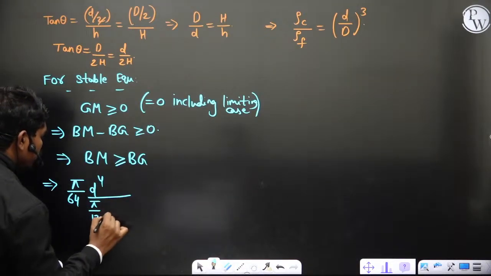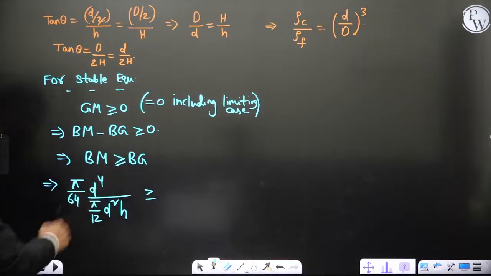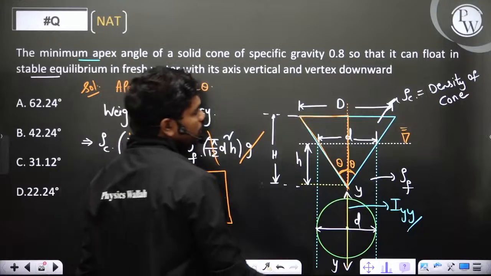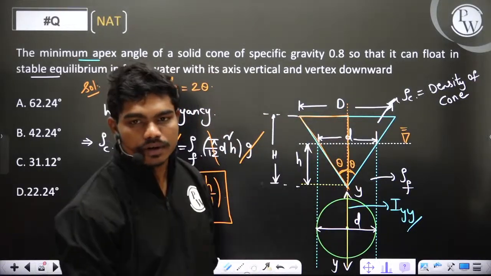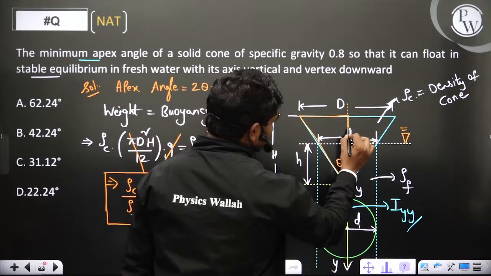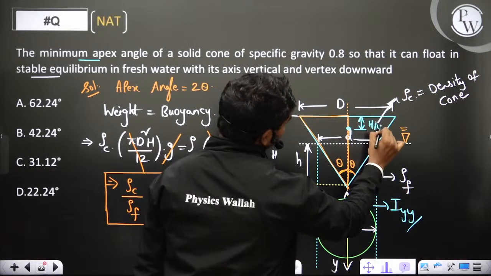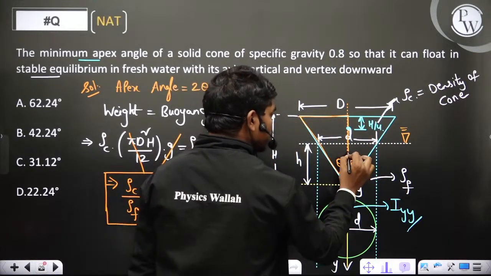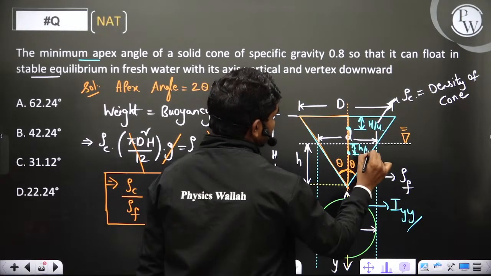So pi d power 4 by 64 over pi by 12 d square h should be greater than or equal to BG. Now what about BG actually? Look, normally if you have a cone, does anyone know the depth of the centroid of the cone? If this is total H, this value is actually H by 4, and clearly this value is h by 4 from this surface.